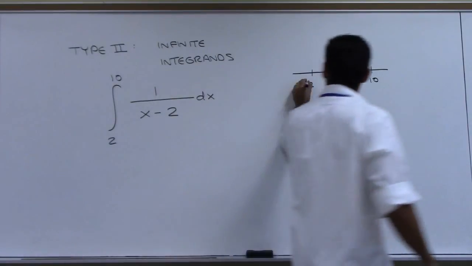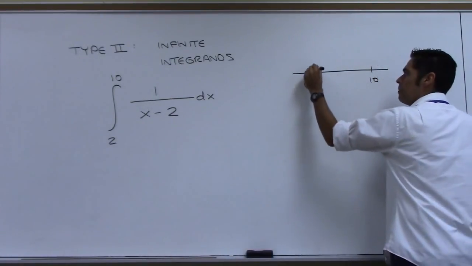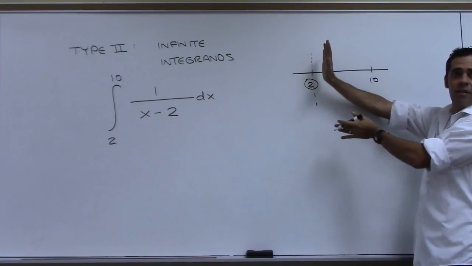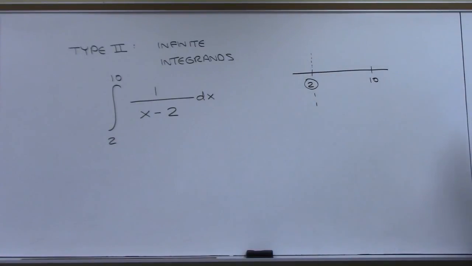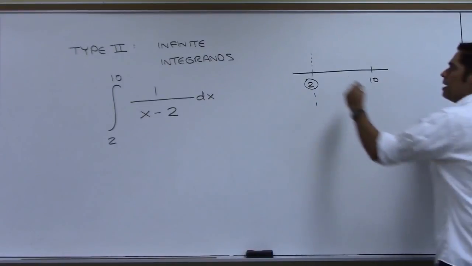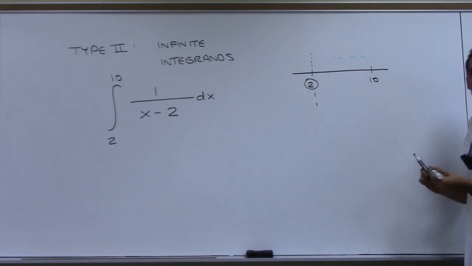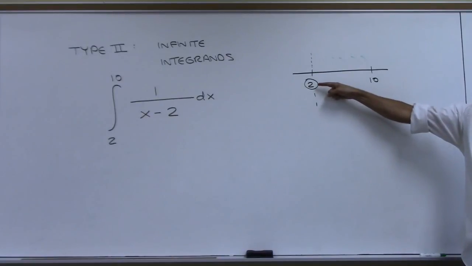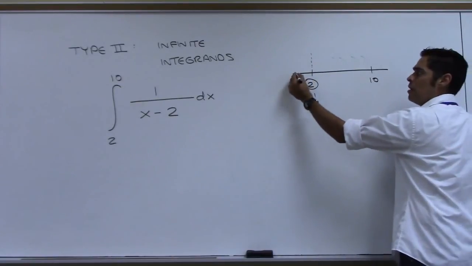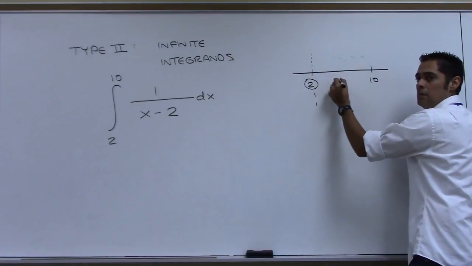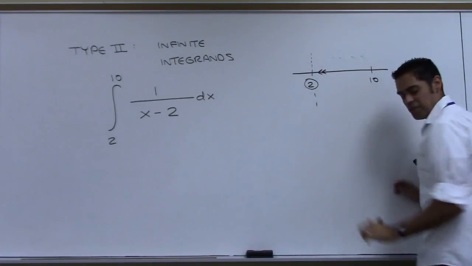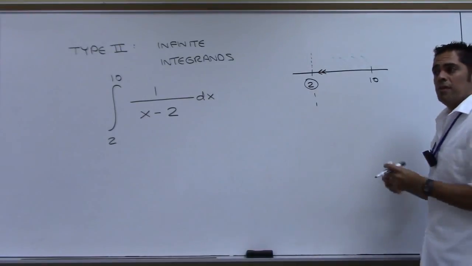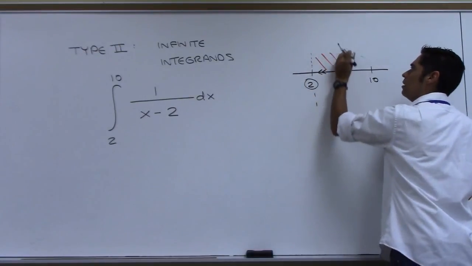So I'm going to circle 2, and put a dotted line to let myself know that my function is undefined here. And that means if I'm trying to find the area in this region, when I approach 2 with a limit, I'm going to have to approach 2 from which side, the left or the right? The right, because the region we're interested in, the area, is the stuff to the right of 2. It's this stuff over here, that area.